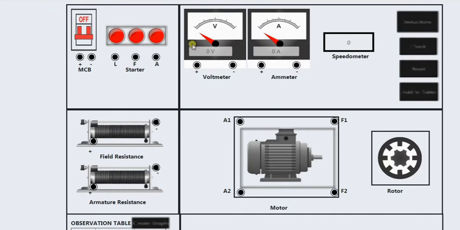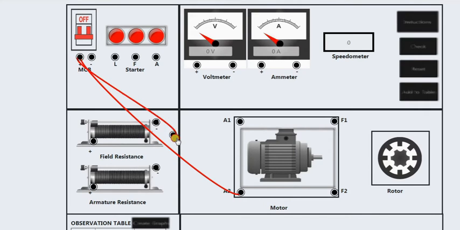First of all, connect one terminal of armature and one terminal of field from this supply. Take the positive side of the supply and connect one terminal of armature, say A2, and then connect one terminal of field, F2.